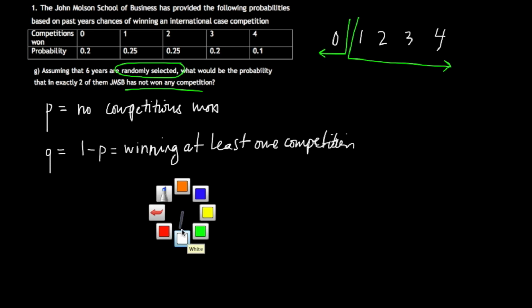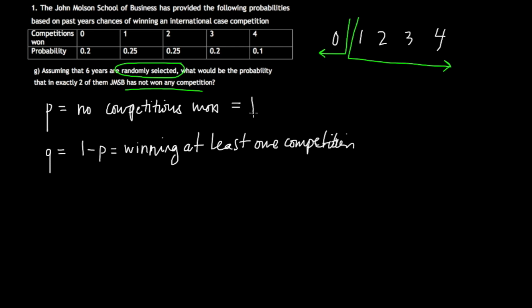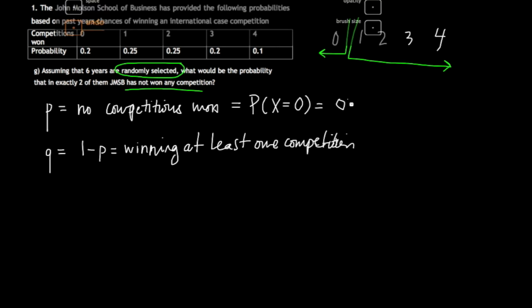So what does the P translate into? The P translates into the P of X equals 0. Okay, so we need to assign a numerical value to P. So that's P of X equals 0, which we know from our table up top is equal to 0.2.